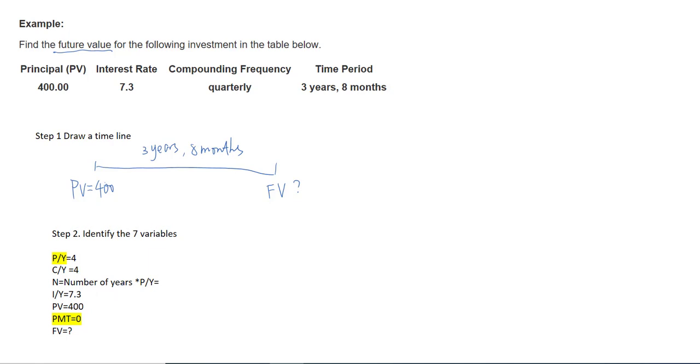So what we will do is 3 years plus 8 months is a partial year. So we'll do 8 divided by 12. 12 is because every year we have 12 months. And this number is number of years. So we'll write it here. 3 plus 8 over 12 times PY, which is 4.